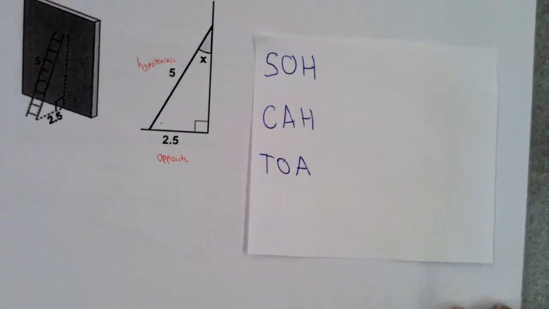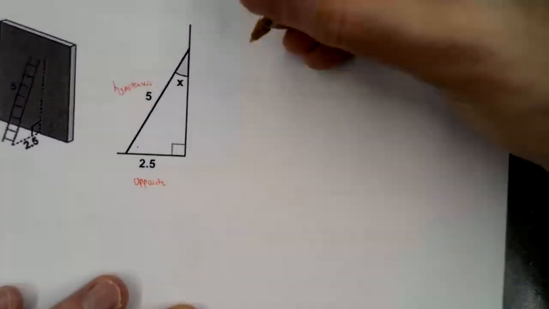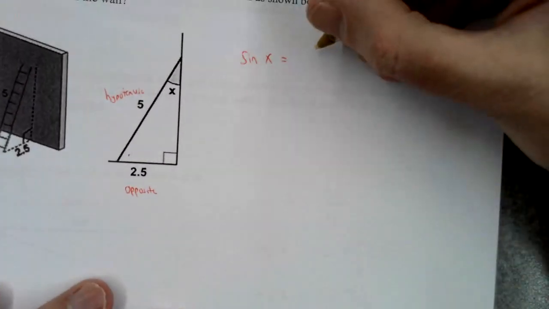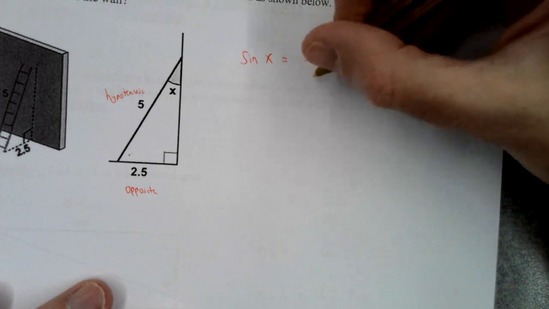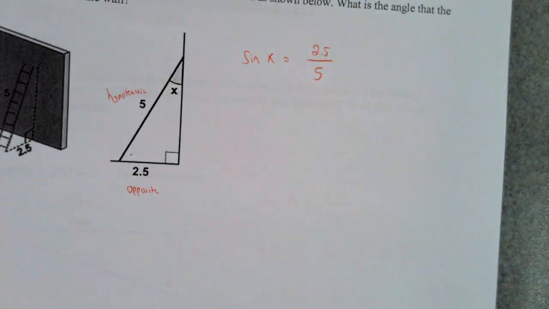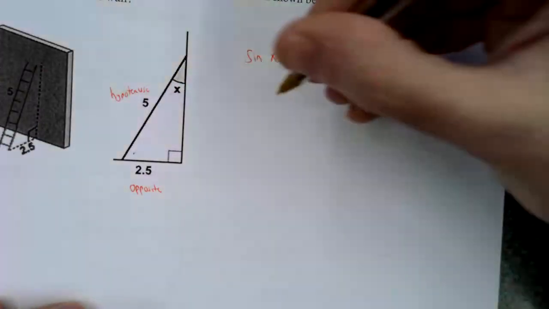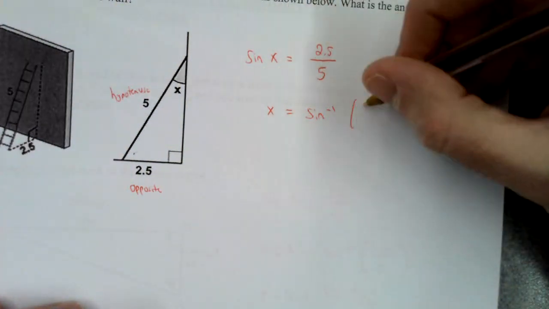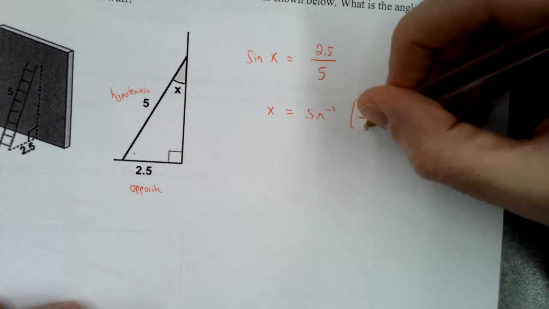Okay. So I'm going to say sine of x equals opposite, which is 2.5, over the hypotenuse, which is 5. So it means x is going to equal, I'm not going to put measure angle x because x is in the inside. I'm just going to say x equals sine inverse of 2.5 divided by 5.